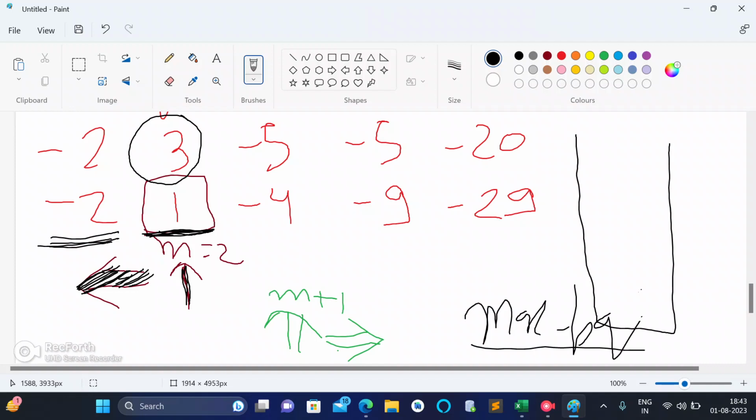When we are traversing, we are actually storing the value at m equal to 2 at some place. Let's say we make a variable val and store the prefix sum at m, which is 1.